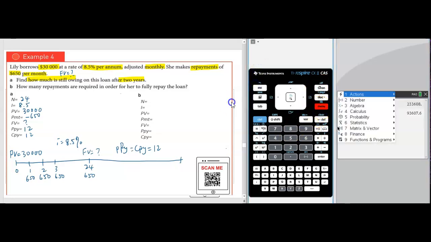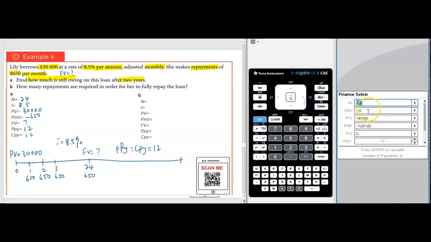Menu, 8, 1. Right, fill in the variables. N is 24, interest, loan amount, 30,000, payment, negative 650.